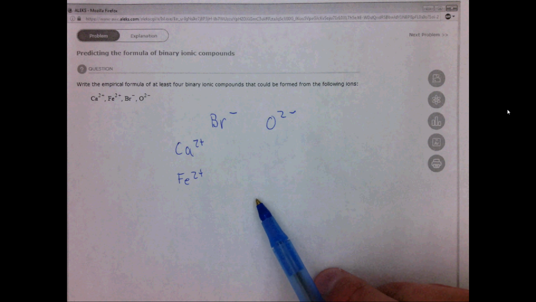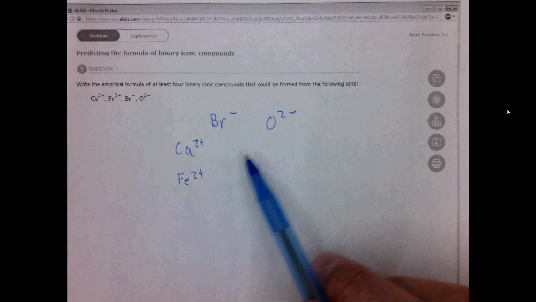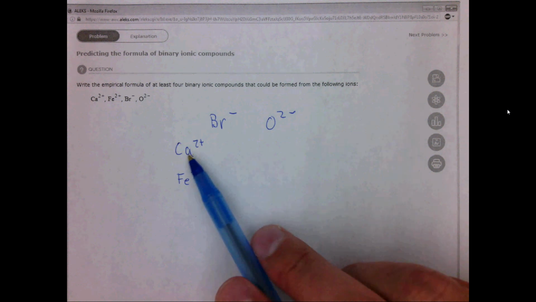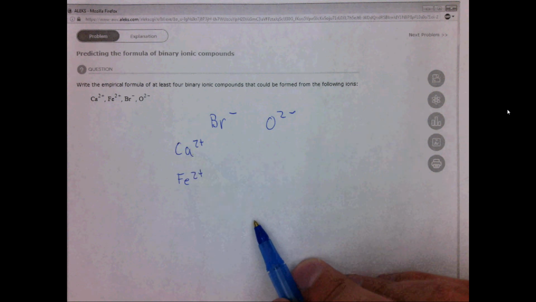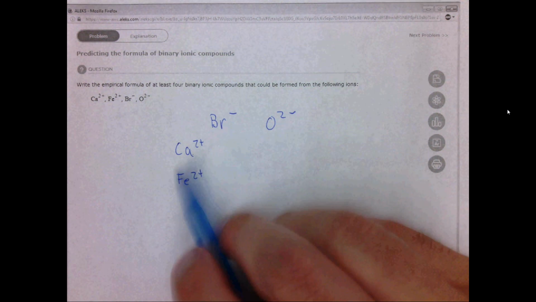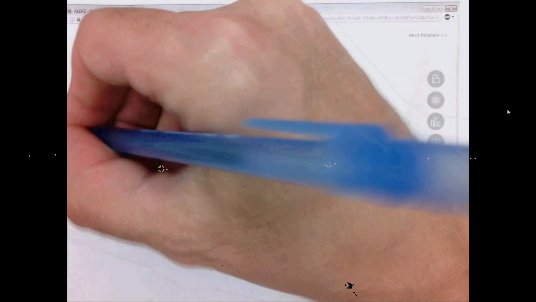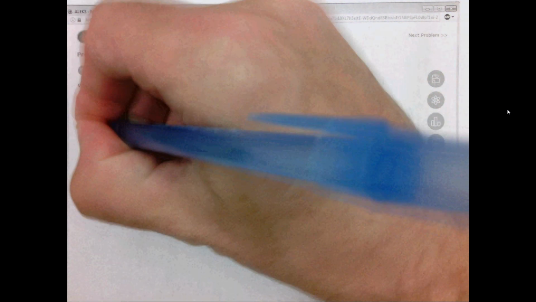The reason that ionic compounds have to be neutral is because electrons are physical things. So if calcium is 2 plus and has 2 less electrons, it must have given those 2 electrons to something. So basically, there's a trick for doing this, and I'm going to show you the trick, and I'm going to stop with the theory. So if we have Ca2 plus interacting with Br minus, we want to bring the numbers down as subscripts.